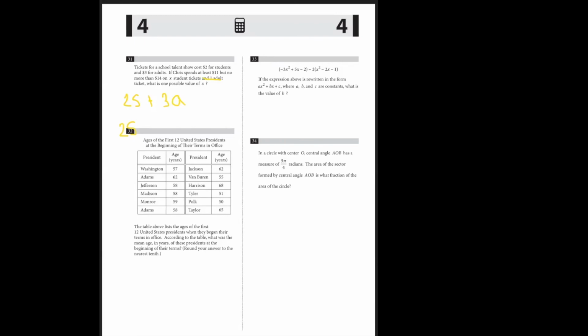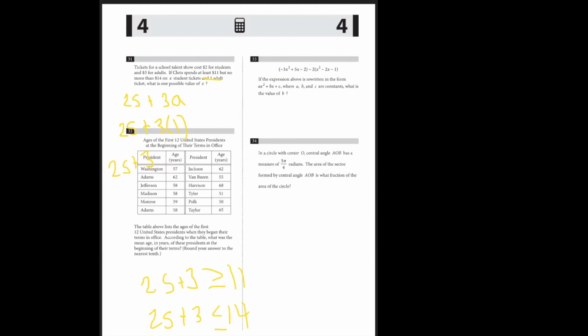So let me just plug in one over here. That's already something we can know. So the total cost that he spent has to be 2S plus 3. And we also know that 2S plus 3 has to be greater than or equal to 11, because it says he spent at least $11. But 2S plus 3 also has to be less than or equal to 14, because it says that he didn't spend more than 14. So now all you have to do is solve for each.